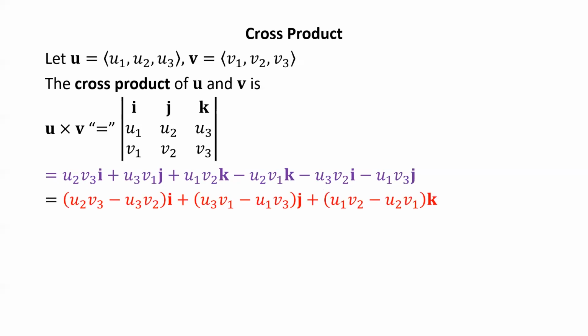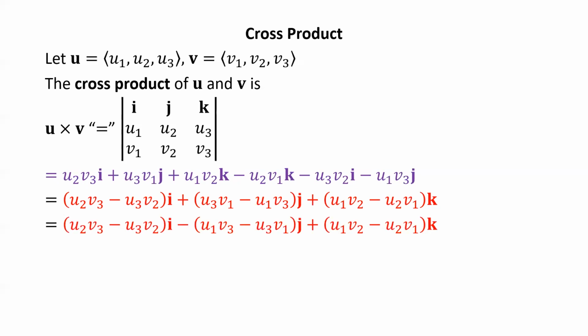(U2 V3 minus U3 V2) I plus (U3 V1 minus U1 V3) J plus (U1 V2 minus U2 V1) K. Some people like to reverse the terms in the middle for the J component and put a minus sign. It's the same thing. But the reason for this is if we were to do a determinant by a cofactor expansion, this is how it would come out. Either one of these is okay. They all are equal to the same thing.